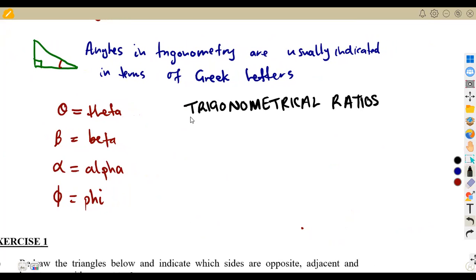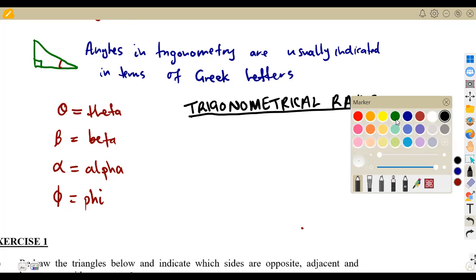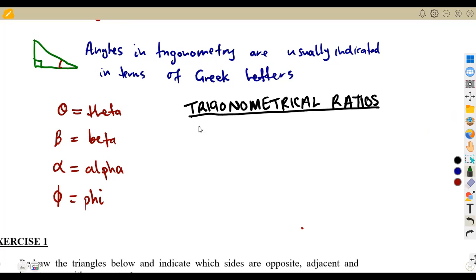All right, so the trigonometrical ratios, these are the ones that we are actually taking from the mnemonic SOHCAHTOA. Remember, from our SOHCAHTOA concept, we obtain the corresponding ratios, the ratio of sine, the ratio of cos.